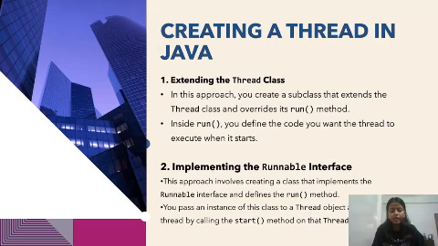Alternatively, we can implement the Runnable interface, which also requires us to define the run method. We then pass an instance of this class to a Thread object and call the start method. While both approaches are effective, implementing Runnable is often preferred as it allows for greater flexibility and doesn't restrict inheritance.